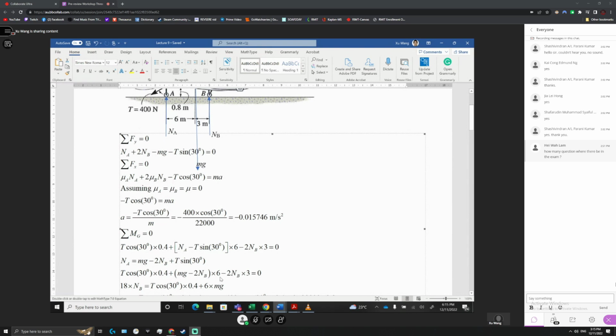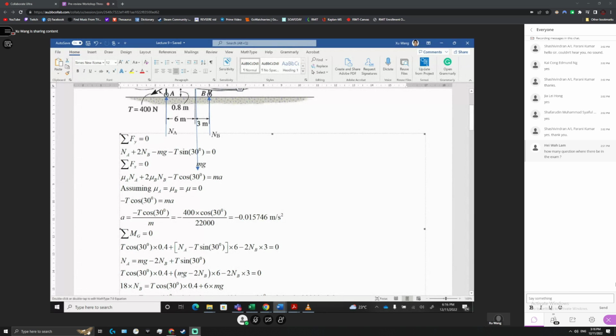These two are left, multiplied by 6, and minus 2 MB times 3. From here you get 2 MB, this is 6 MB, this is 12 MB, this 6 MB, this 18 MB. Move the rest to the other side: T cosine 30 degrees multiplied by 0.4, and this 6 mg.